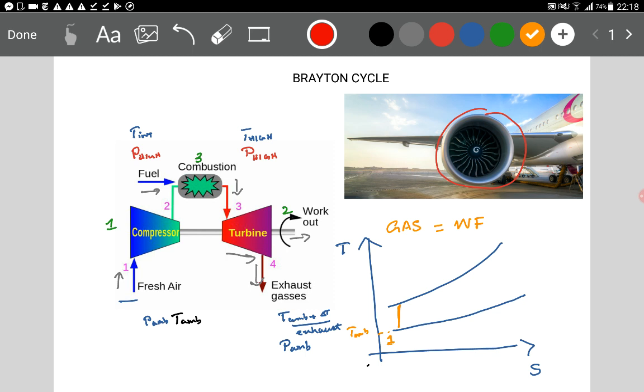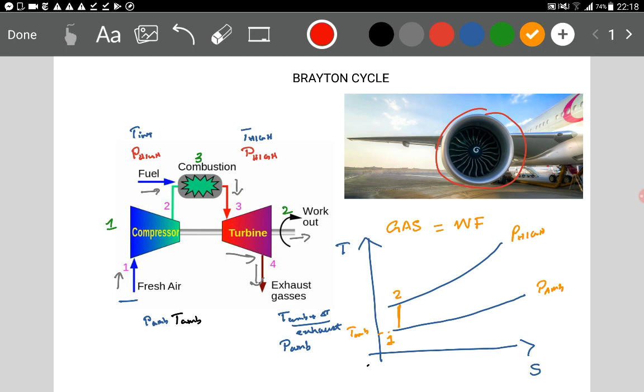So the pressure is raised from P ambient to P high, which is point 2.